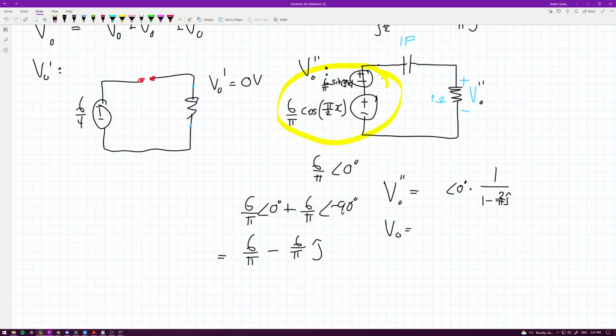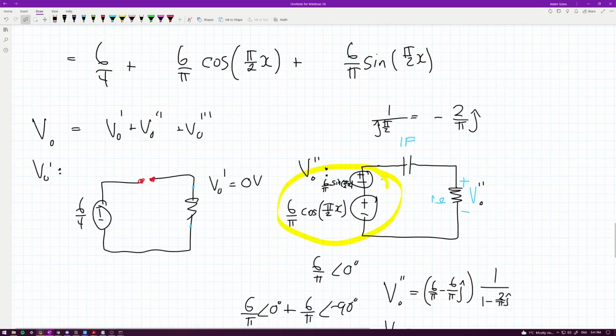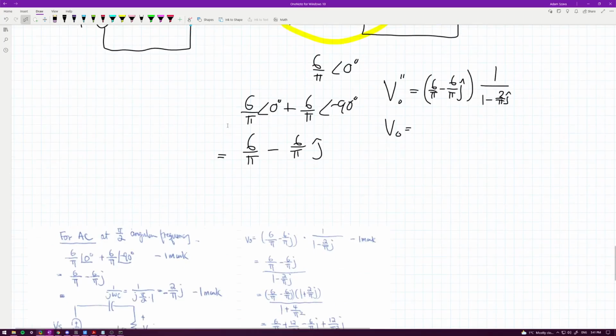So now to figure out VO, all we have to do is multiply 6 over pi minus 6 over pi j hat times that impedance. Well, the voltage, still doing voltage division. And whatever the rest of the stuff is, this turns out to be 2.224 minus 0.494 j hat.